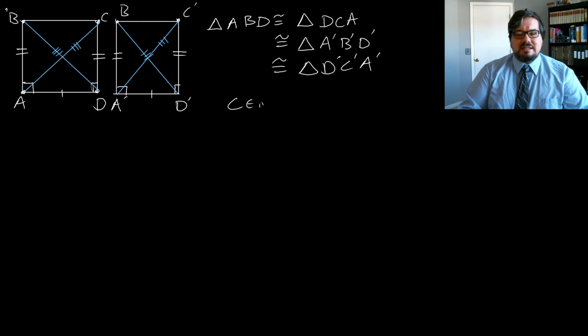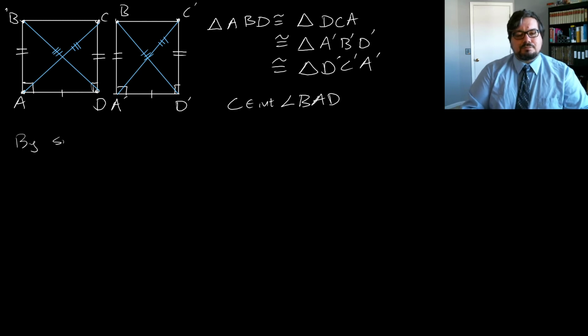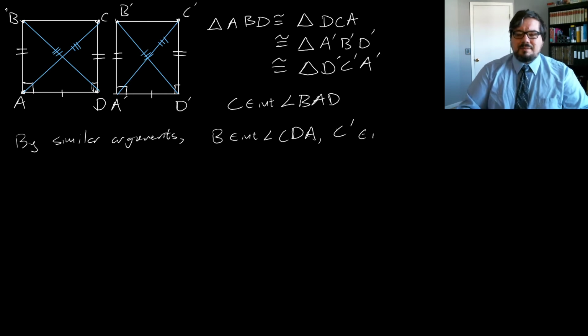And we have that C is in the interior of angle BAD, and by similar arguments, we have that B is in the interior of angle CDA, C prime is in the interior of angle B prime A prime D prime, and B prime is in the interior of angle C prime D prime A prime.